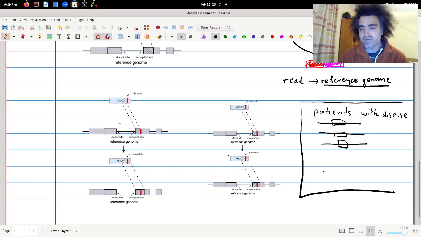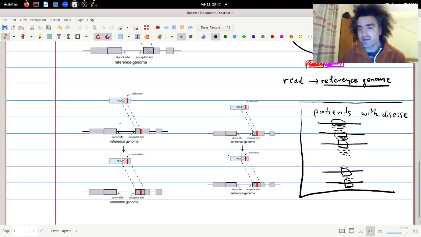And we'll have some individuals that do not have the disease, and here is their genome, and here is the same gene. And then we'll try to find out the genes that, for example, have many reads here in all these people that have the disease, but a few reads here in the people that do not have the disease.